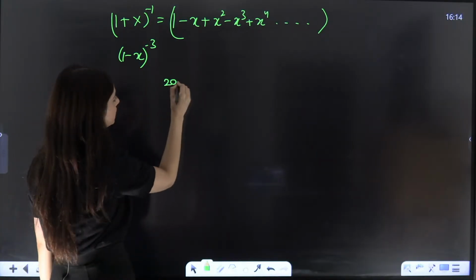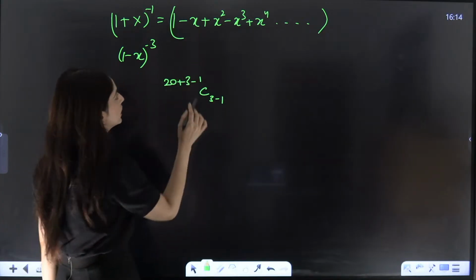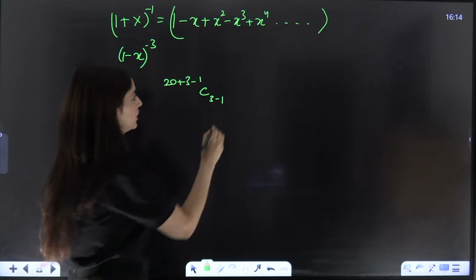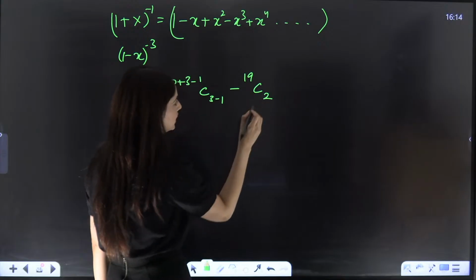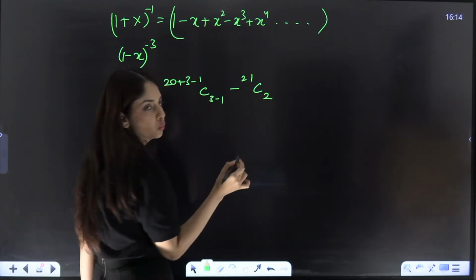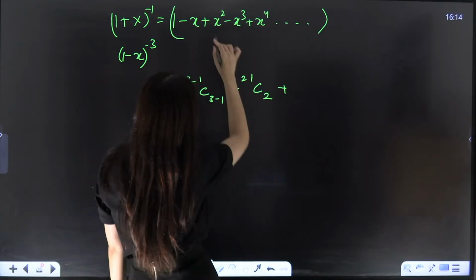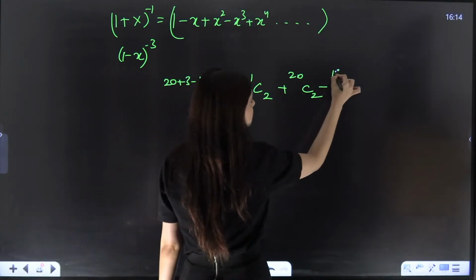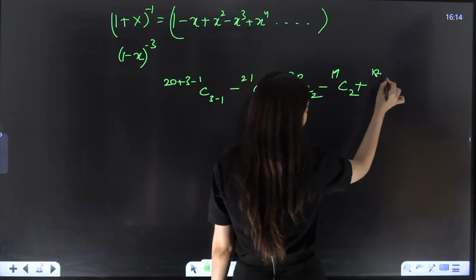Right, 20 plus 3 minus 1, see 3 minus 1. Then we take 1 from here, x, then we need x raised to power 19 from here. So minus 19 c 2, 21 c 2, plus x square. So now we have 18. So 20 c 2 minus 19 c 2 and so on, right?